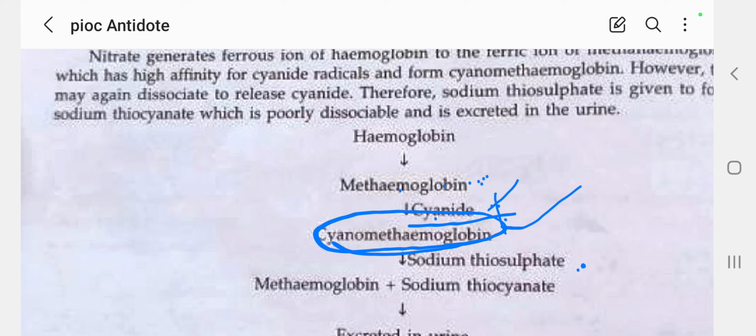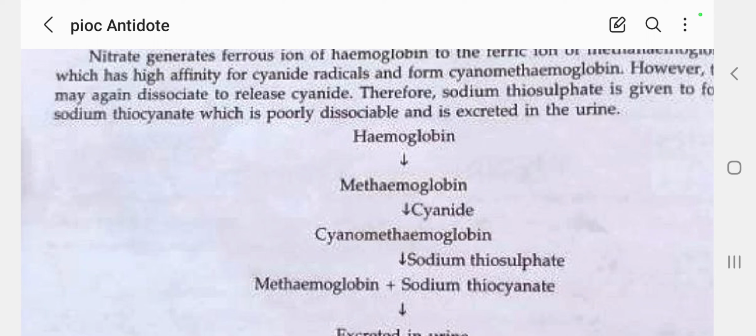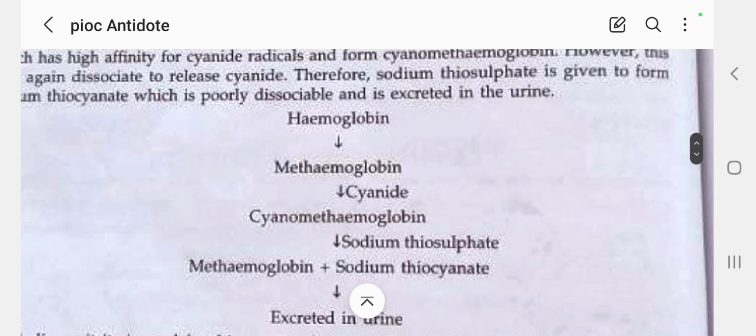Then, after injection with sodium thiosulfate, the cyanomethemoglobin is converted to sodium thiocyanate. First, hemoglobin ferrous is converted to ferric methemoglobin, which binds the cyanide, forming cyanomethemoglobin. Next, the person is immediately given sodium thiosulfate.